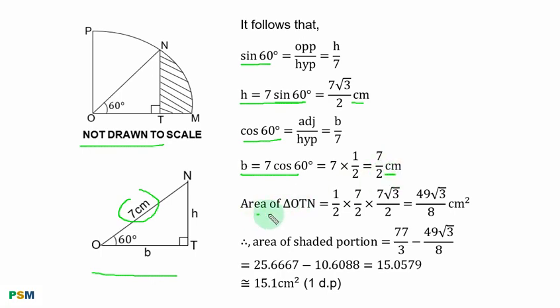Now, area of triangle OTN is simply equal to 1/2 times the base, 7/2, times the height, 7√3/2, and you have this result. Area of shaded portion is equal to area of the sector minus area of triangle.